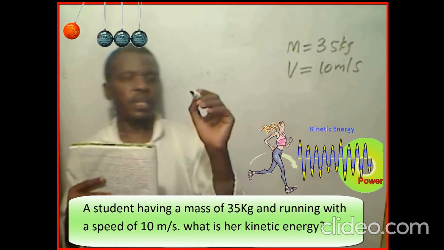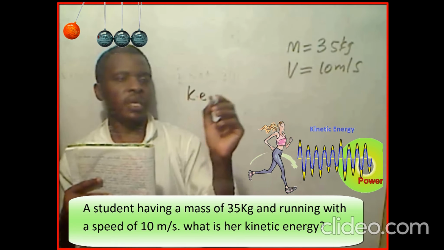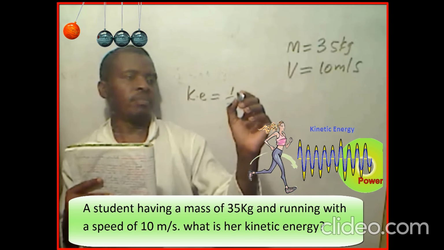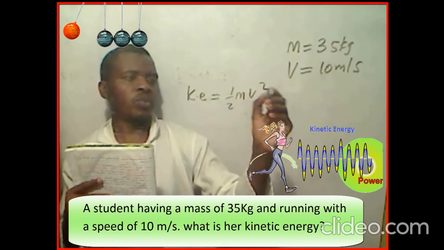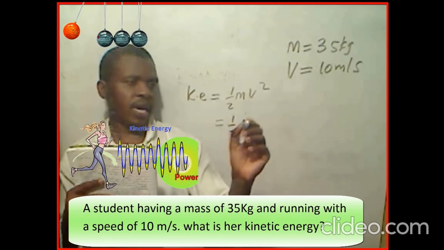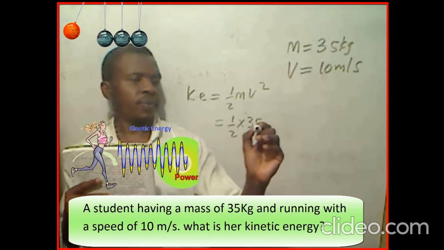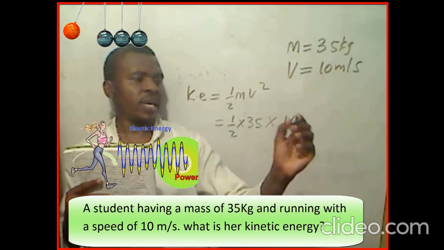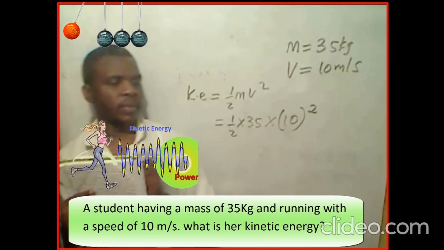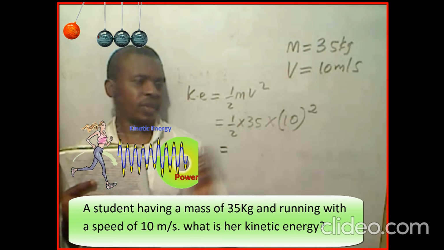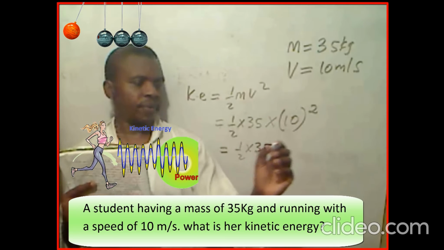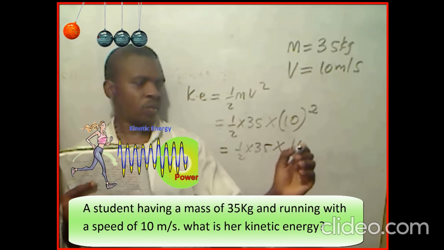Kinetic energy, KE, is given by the formula half mass times velocity squared. This will be equal to half times 35 times 10 squared. This is half times 35 times 100.